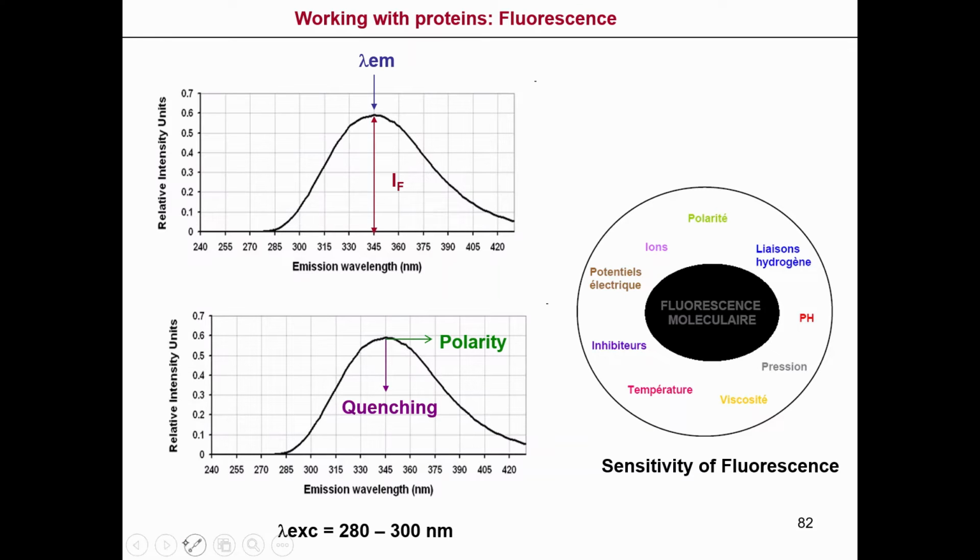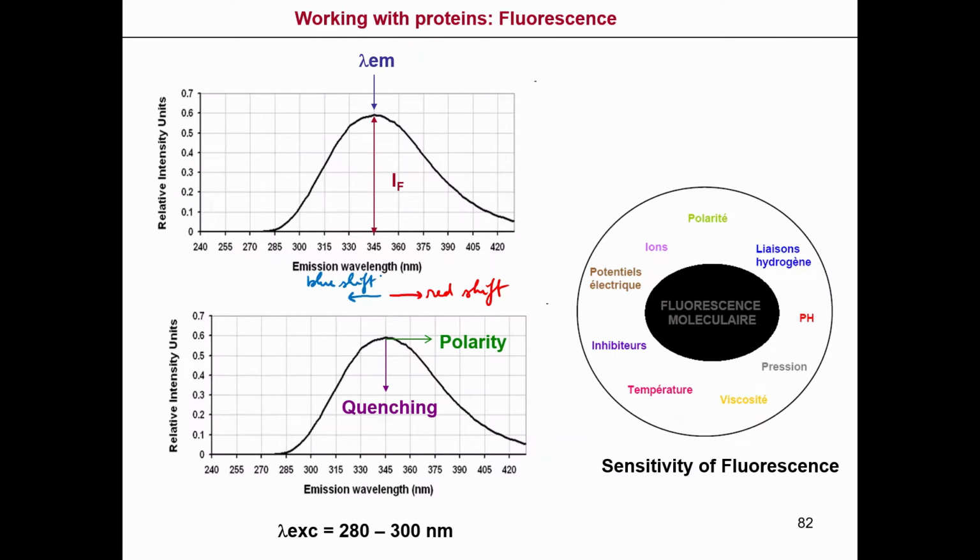Okay, so if you increase the polarity of the environment around tryptophan, you will observe what we call a redshift. And in the other way, it's called a blue shift.